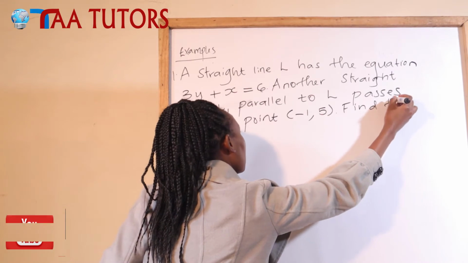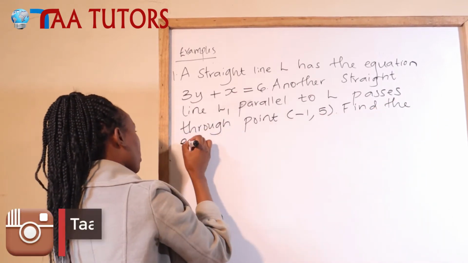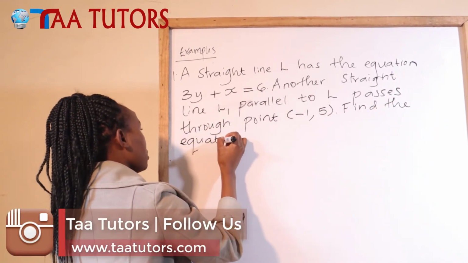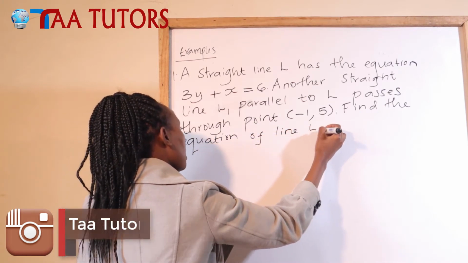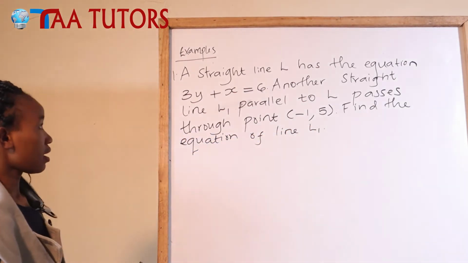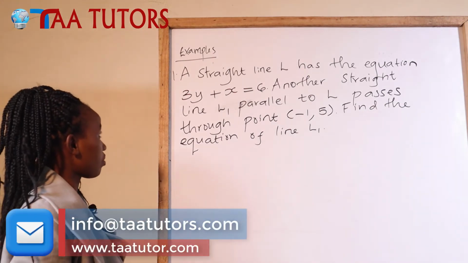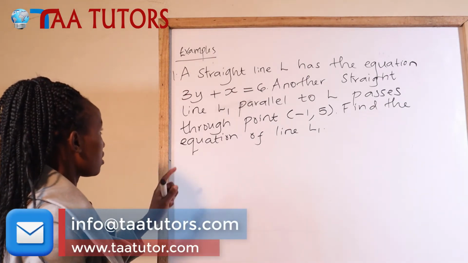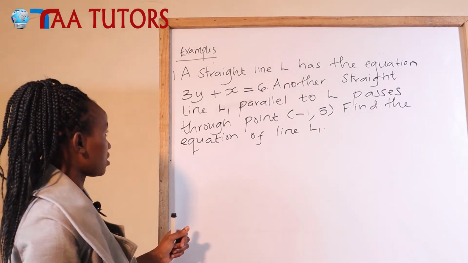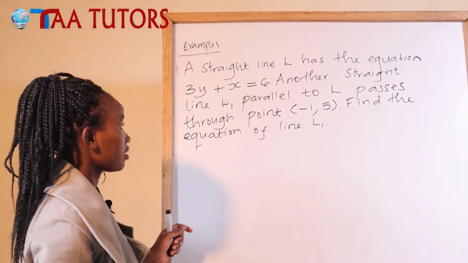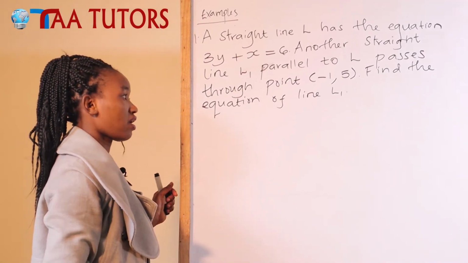Find the equation of line L1. A straight line L has the equation 3y plus x equals 6. Another straight line L1 parallel to L passes through point (-1, 5). Find the equation of line L1.